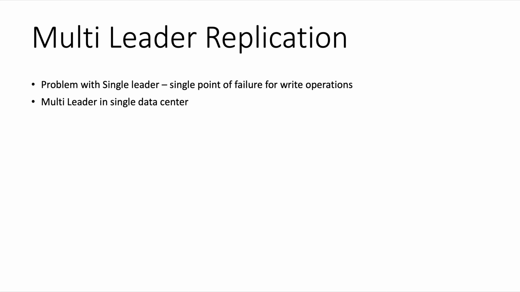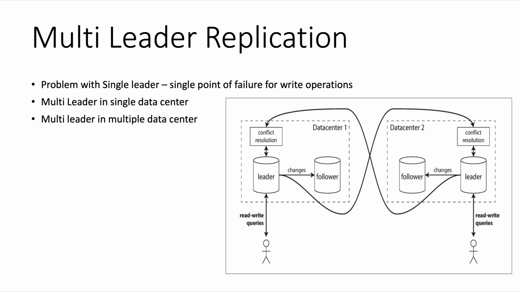Multi-leader in a single data center does not make sense because the benefits rarely outweigh the added complexity. But in the case of multiple data centers, it can be useful. Imagine you have a database with replicas in several different data centers. With a normal leader based replication setup, the leader has to be in one of the data centers and all writes must go through that data center.